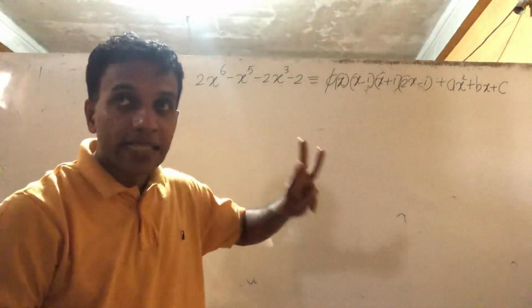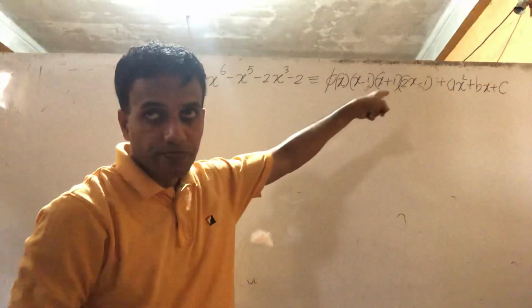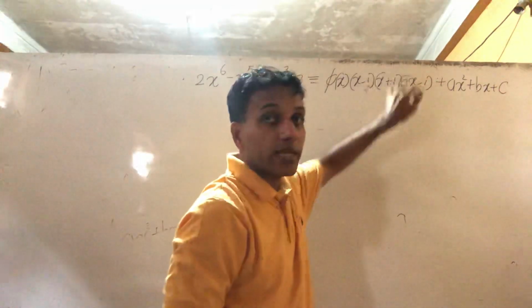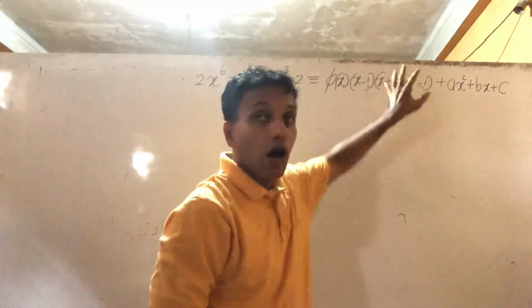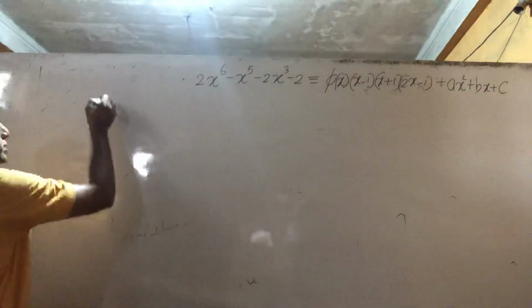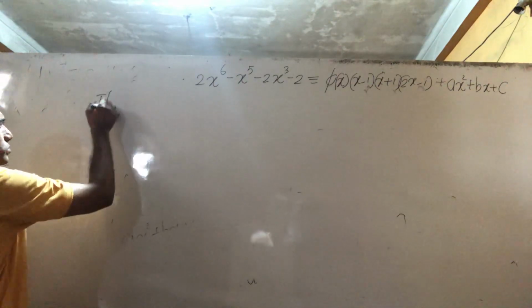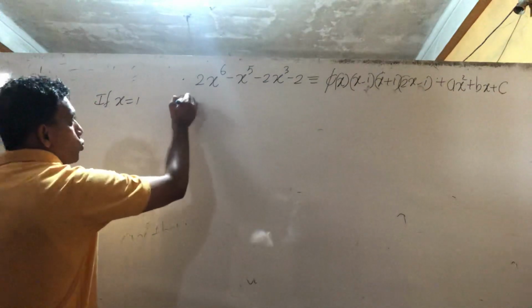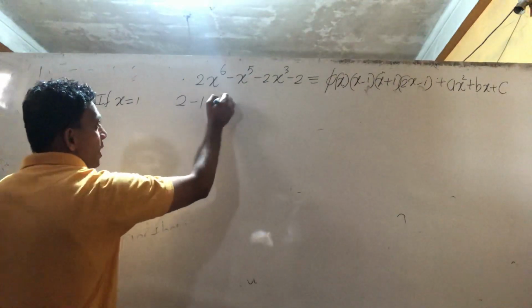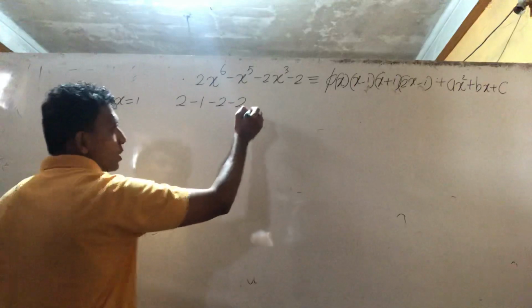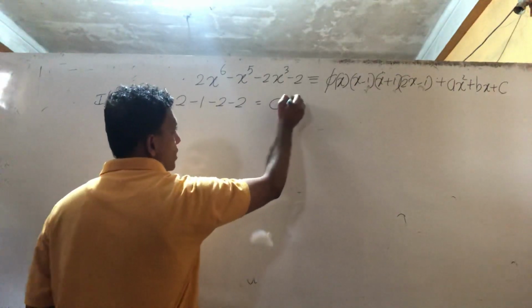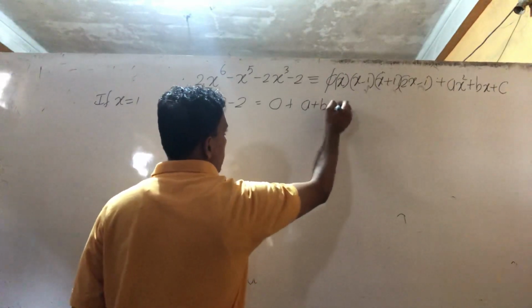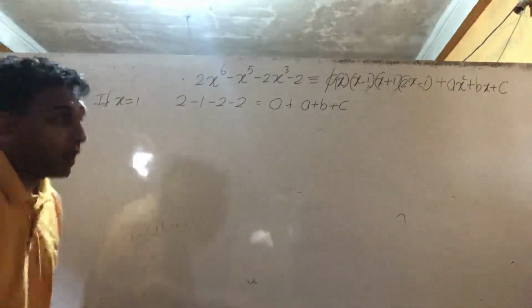So in three instances you can make the divisor 0. Put x equals 1, put x equals minus 1, and put x equals half. Put x equals 1: 2 minus 1 minus 2 minus 2 on one side, the other side everything 0 except a plus b plus c.